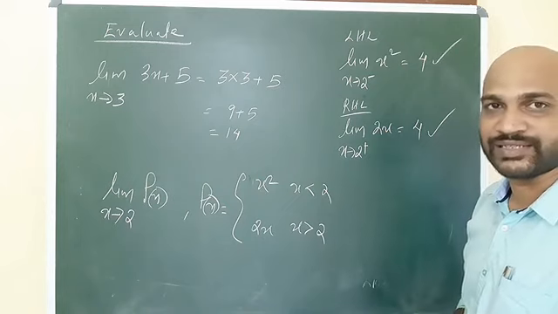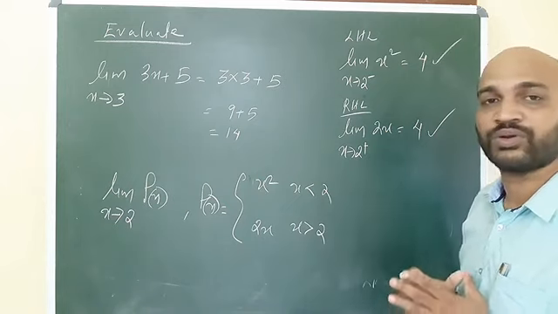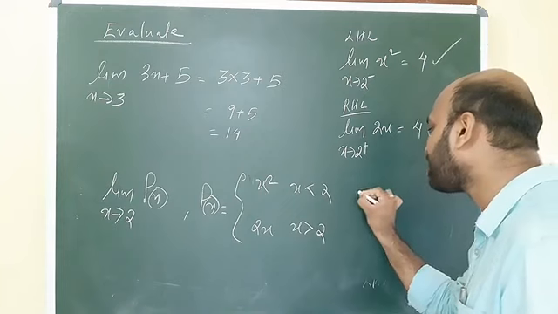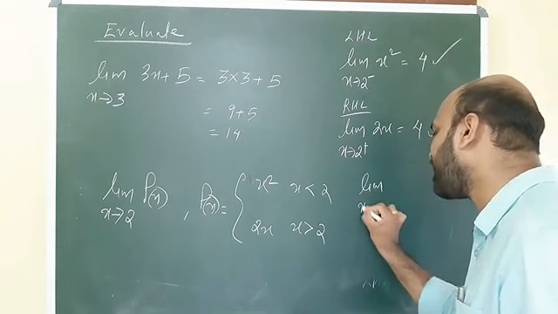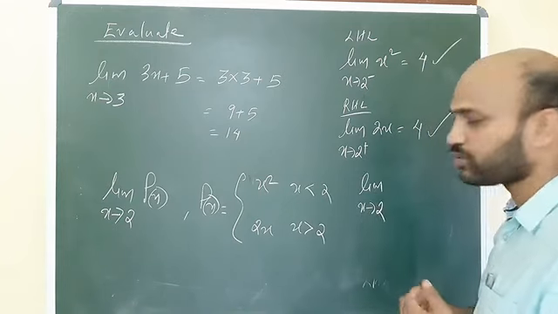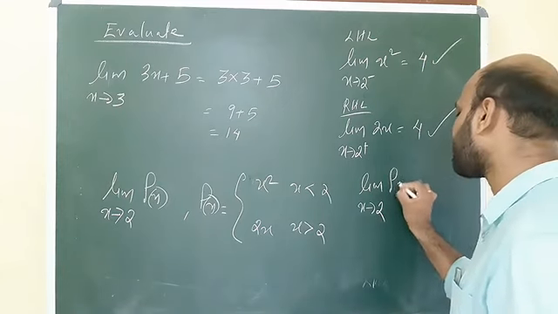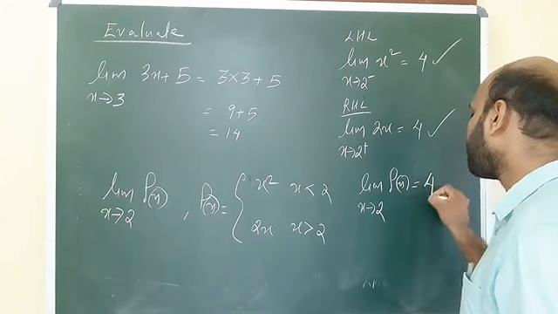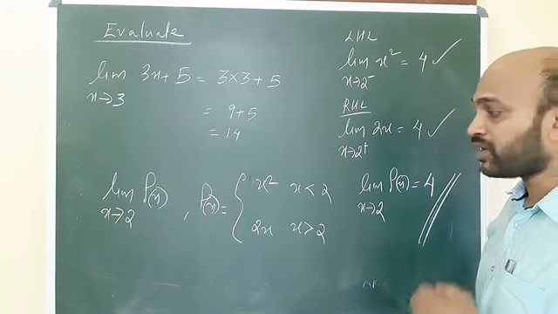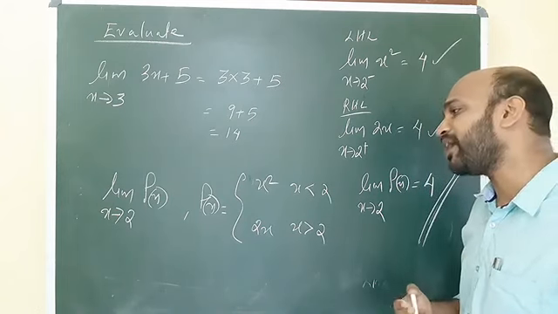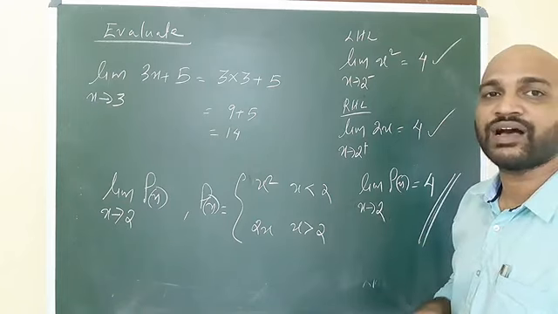Therefore, the limit exists and the value of the limit is equal to 4. So we can conclude that the limit exists as x tends to 2. 2 means it can be 2 minus or 2 plus. In both cases, what is the value? The value is equal to 4. Okay. So if a function is having more than one value, you have to go for LHL and RHL.